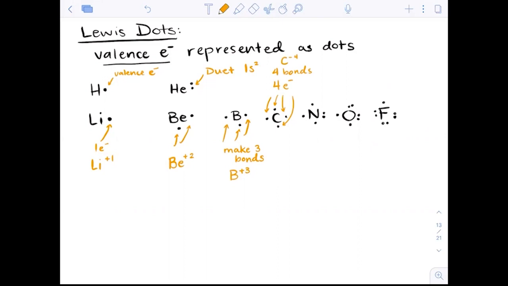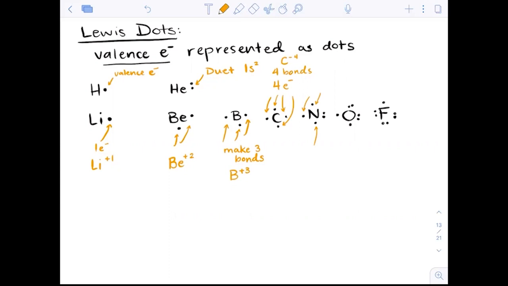What we start to see now as we merge over into the nonmetals is both the ionic and covalent bonding definitions could be satisfied. Now, we know the octet rule is a thing. So what we're also aiming for is how many electrons, as we merge over into this nonmetal category, how many electrons does the atom actually need to reach its octet?